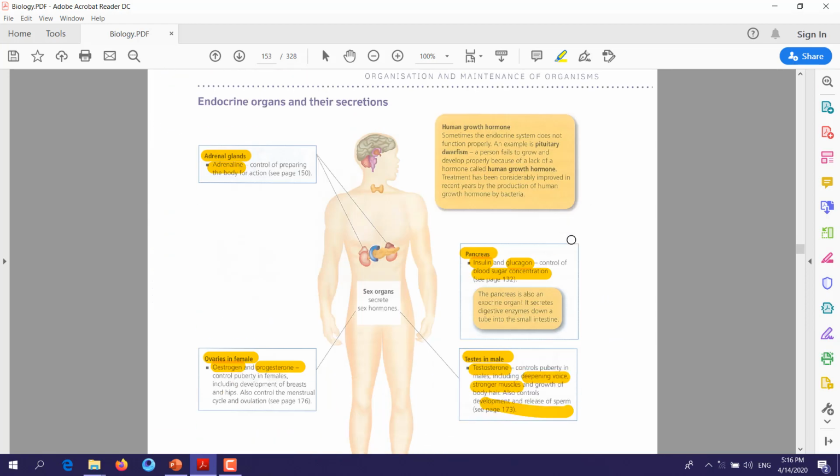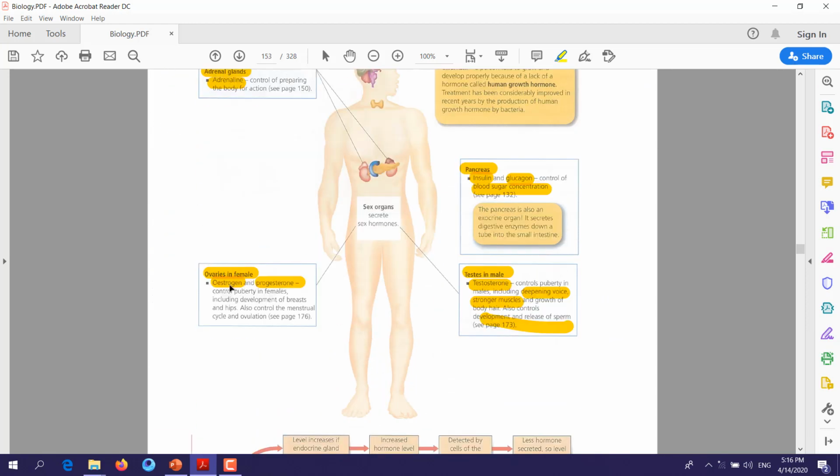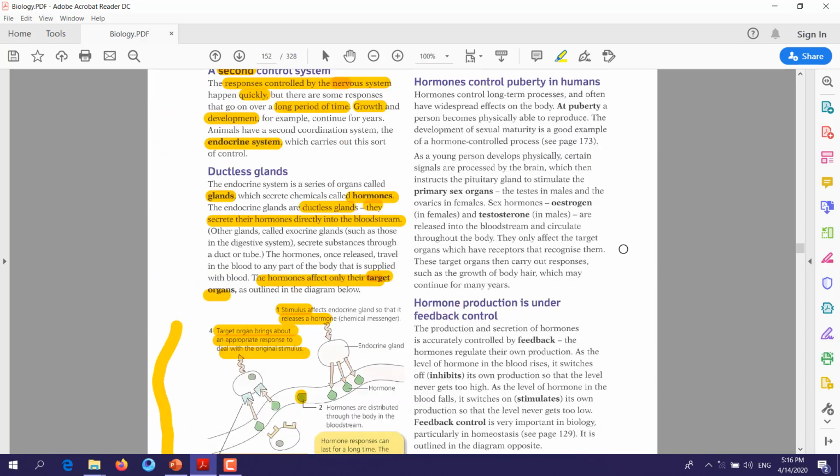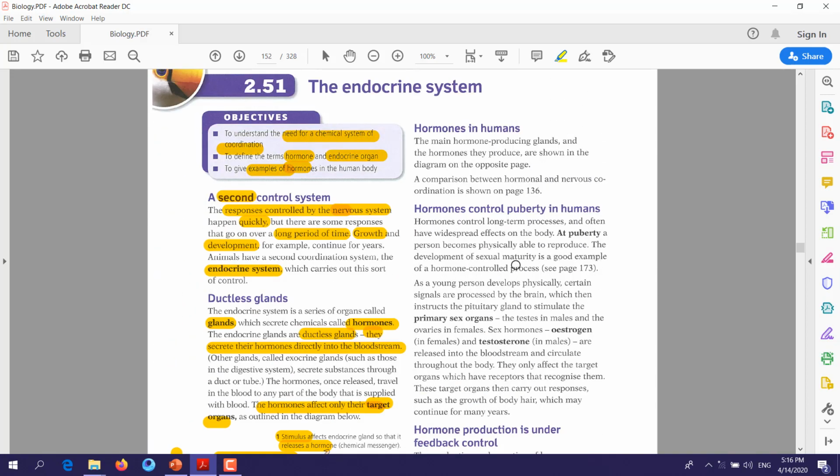As we just explained, the ovaries produce estrogen and progesterone, and the testes produce testosterone. We say these are two or three examples of hormones. Their function is to control the puberty of humans.